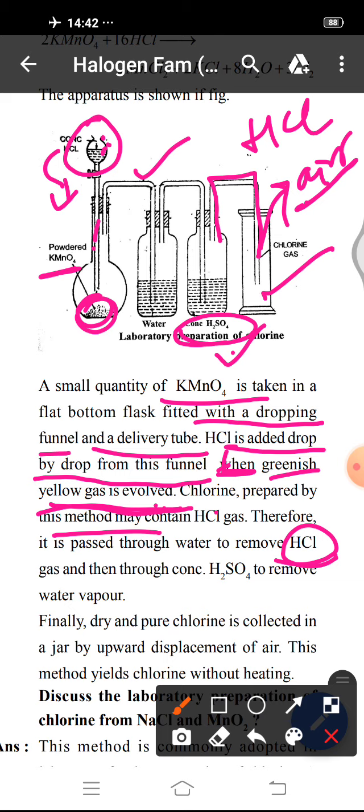So this is the method where KMnO4 reacts with HCl and without heating forms chlorine gas, and it is passed through water to remove HCl and then it is passed through H2SO4 to remove water, that means to dry the gas, and then finally pure and dry gas is collected in the gas jar.